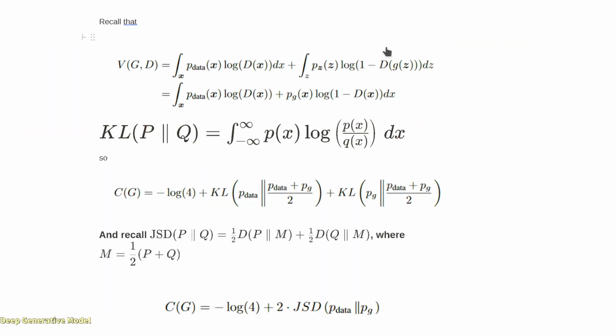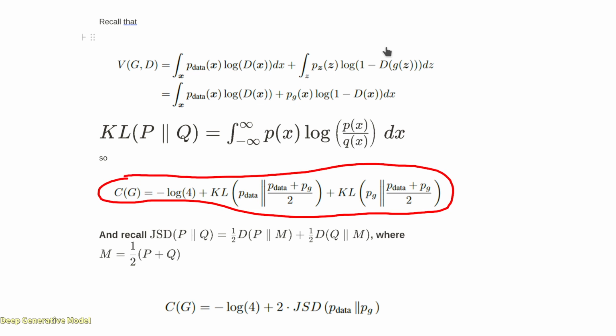And we'll find out that, in fact, if we plug our discriminator into it, we compute the loss function like this one. And this one turns out to be exactly the Jensen-Shannon divergence. So what is Jensen-Shannon divergence? The first thing we need to notice is that KL divergence is not symmetric.